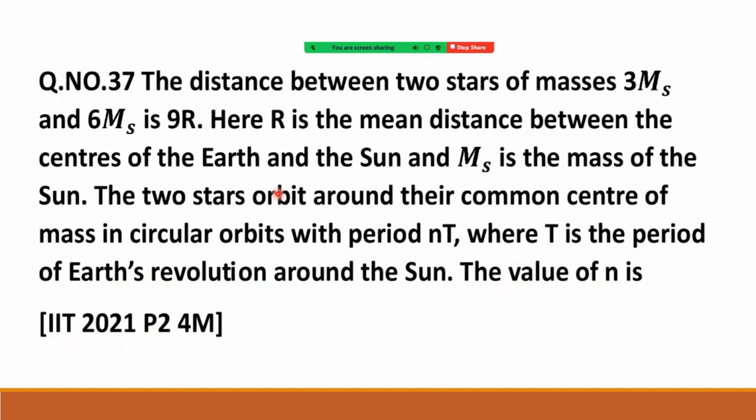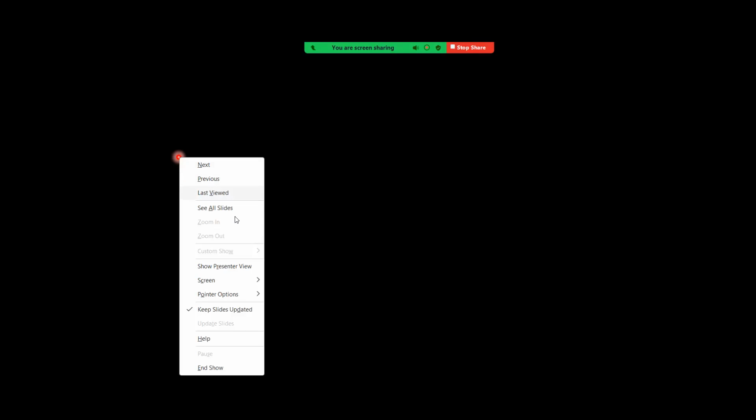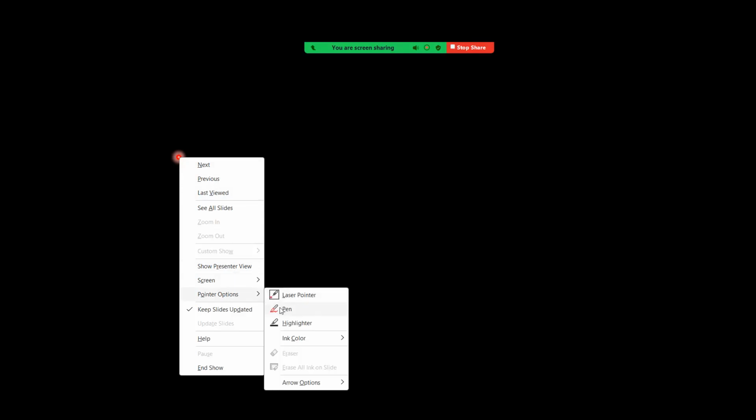Earlier, if you remember, in question number 4 we solved two point masses M1 and M2 revolving about their common center of mass, to find the time period. Now this is again the same problem. So first write down the given data: masses 3 times the mass of Sun and 6 times the mass of Sun.